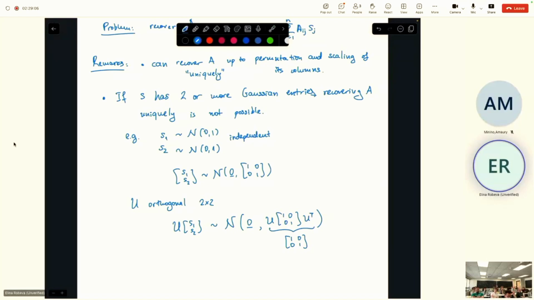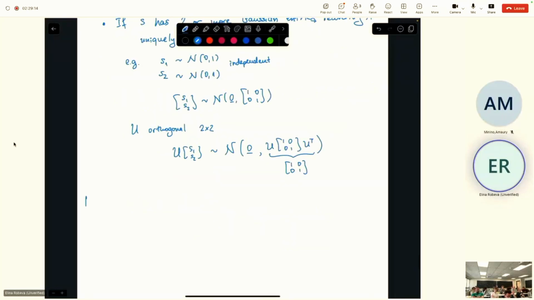And there are actually stronger results than this. There's the Darmois-Skitovich theorem. I think this is pretty cool, though it's not related to tensors.